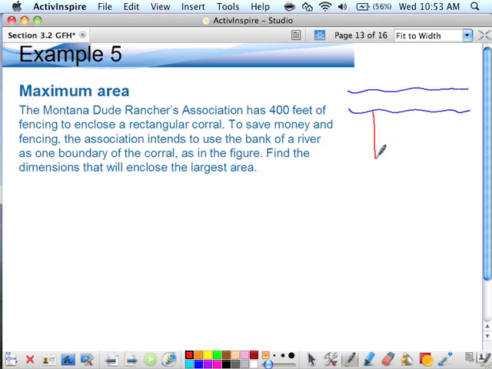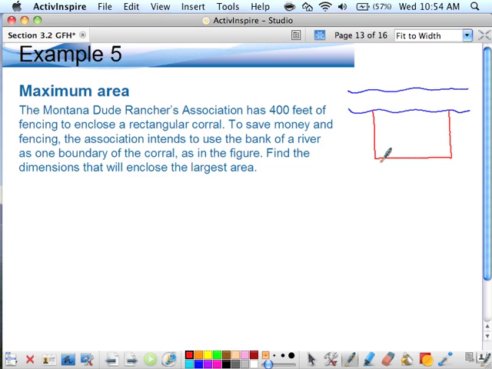I'm going to build it rectangularly, but I'm only going to have to build 3 sides because I'm going to use the river as a boundary and hope that my cows and sheep aren't stupid enough to drown. So the idea is I need to know what this width and this length should be to have the largest area possible. But I can only use how many total feet of fencing? 400. Great. Y'all ready to try it?